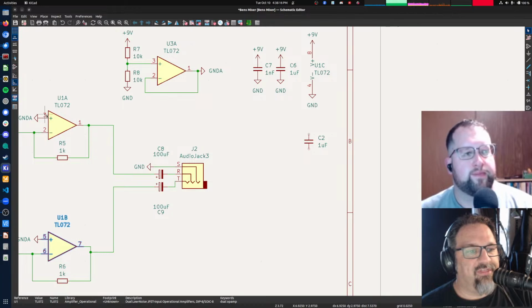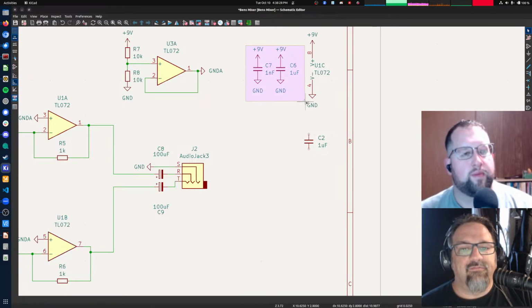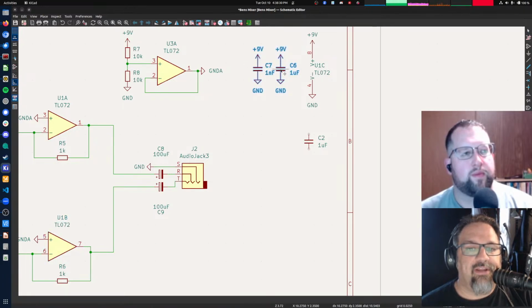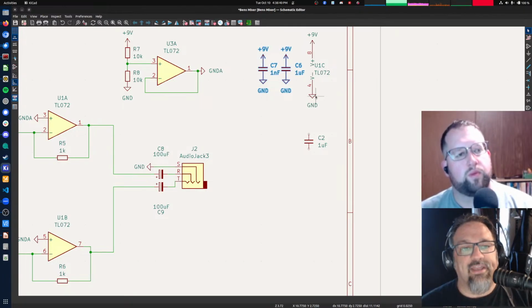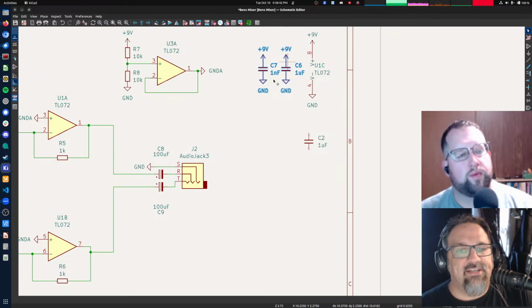So pins 1, 2, and 3 are one op amp, 5, 6, and 7 are the other op amp, and then pins 4 and 8 are the power pins for that 8-pin chip. And then, for reasons I won't get into here, you need to add some decoupling capacitors right next to your op amp. So you need to have these capacitors on the power supply very close to the chip. I won't get into the gory details of why you need that.